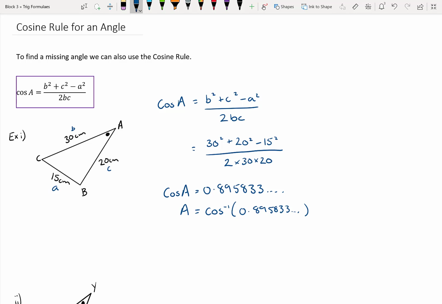And this is where it's quite good if you can keep it up on your calculator screen, and what you can actually then just type in on your calculator should look something then like the inverse cos of your answer, and that way your calculator will keep all those trailing decimal places for you and keeps it a little bit more accurate. Okay, so we're going to do shift inverse cos, and that gives us an angle of 26.38, so we're going to round it to 26.4 degrees. So angle at A is 26.4 degrees.